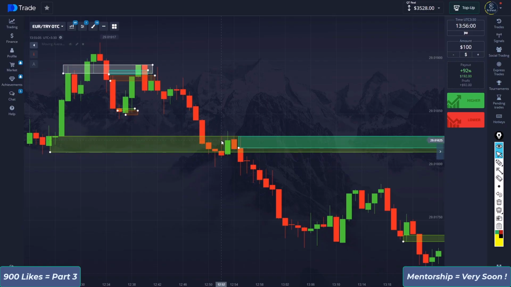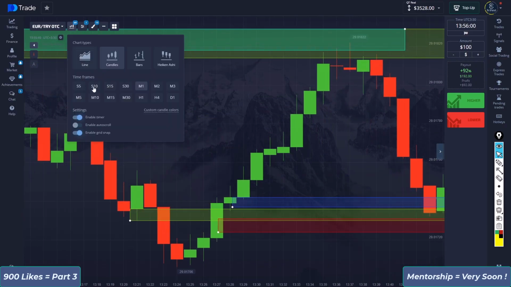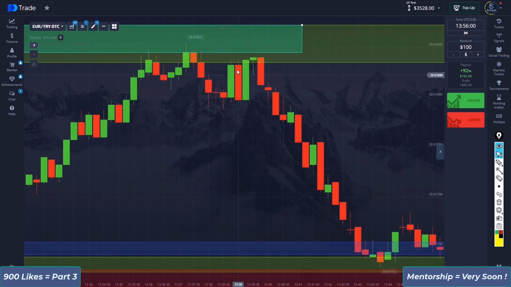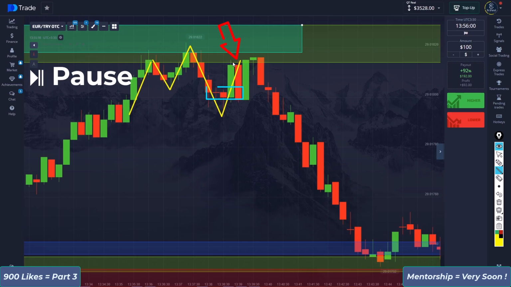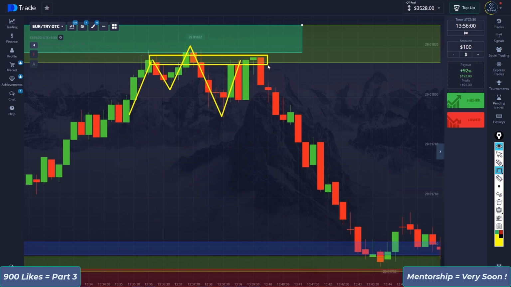We have a beautiful SPR here, so I'm looking for an entry for my sell. And then all of a sudden, you will see that it's also creating the QM. This is also a QM, okay? So you are like, okay, that's beautiful. Let's add one more trade right here.